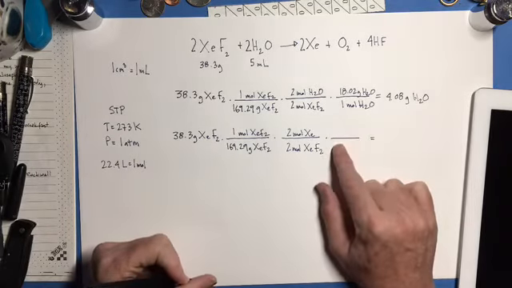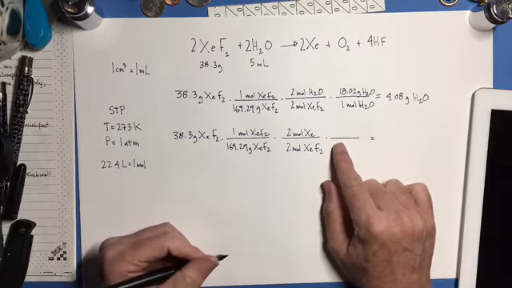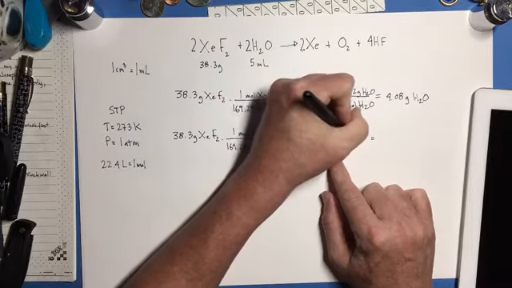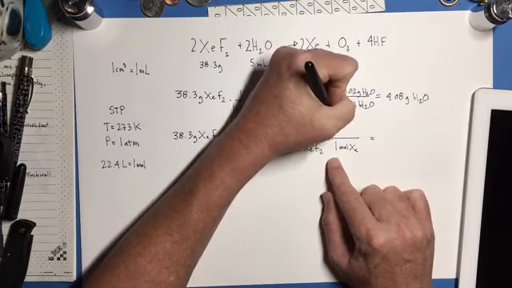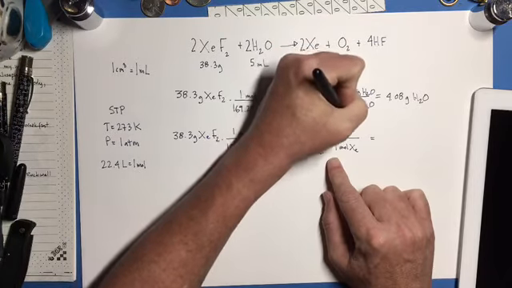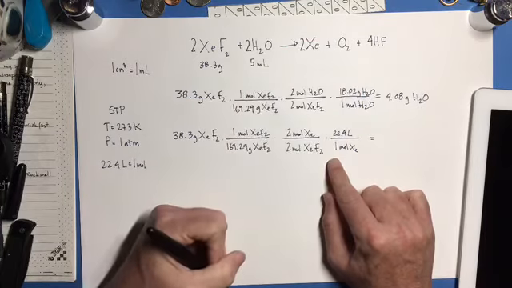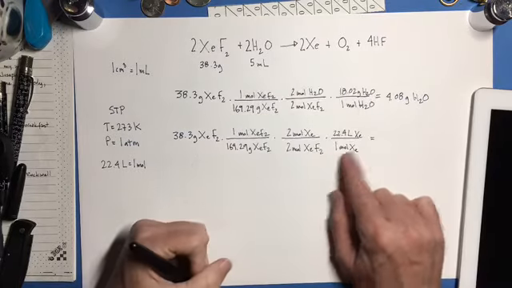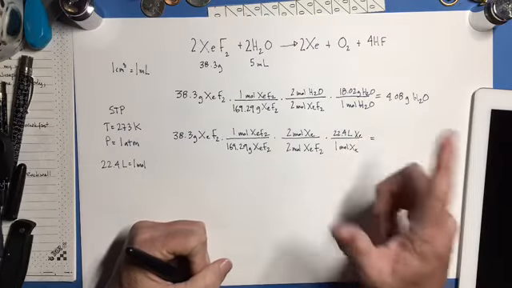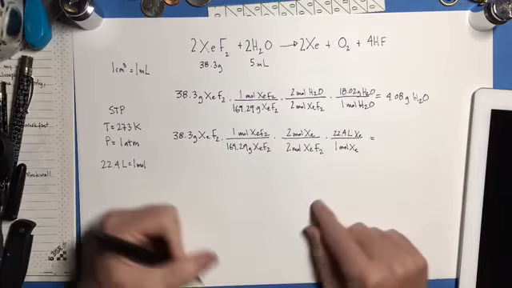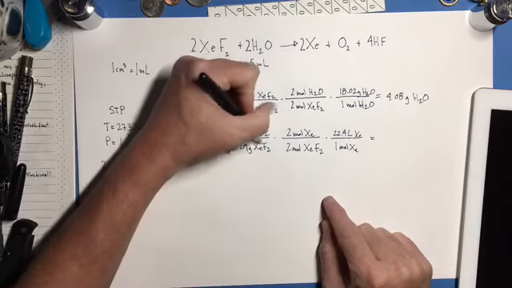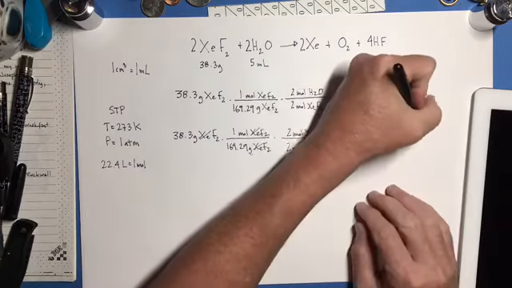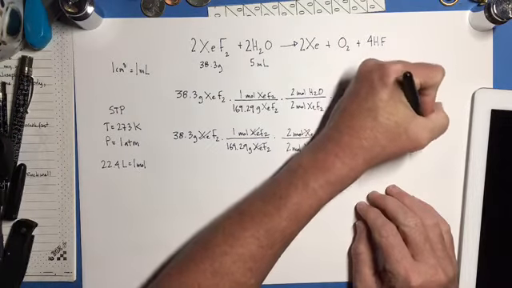So, I now know, since I'm at STP, that 1 mole of xenon occupies 22.4 liters of space. So 1 mole of xenon is 22.4 liters of xenon because we're at STP. So you see my units cancel out, grams gone, moles gone, liters left, which is what I want, liters of xenon.